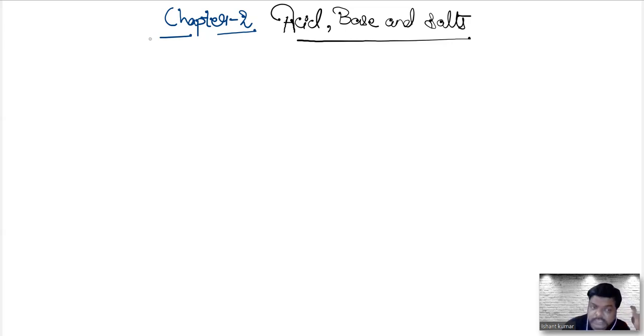Different things we have studied: how it is important in our digestive system, and how to stop the decaying of our teeth by using the pH scale value.